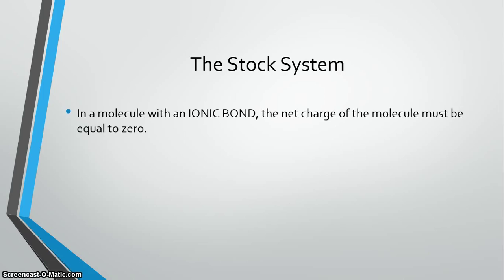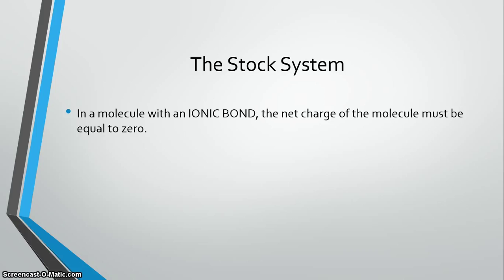Okay, so basically what the stock system is telling us is that if I have a chemical compound, one molecule that's ionically bonded is going to have a net charge equal to 0. In other words, if I take the charge of each individual atom within that molecule and I add up all the charges, I should get 0 in the end.